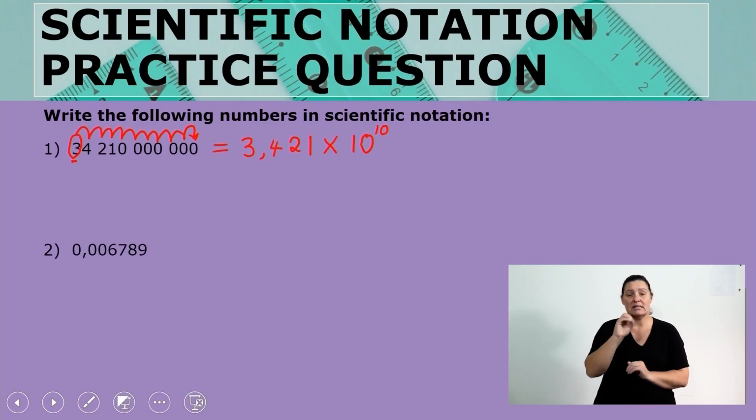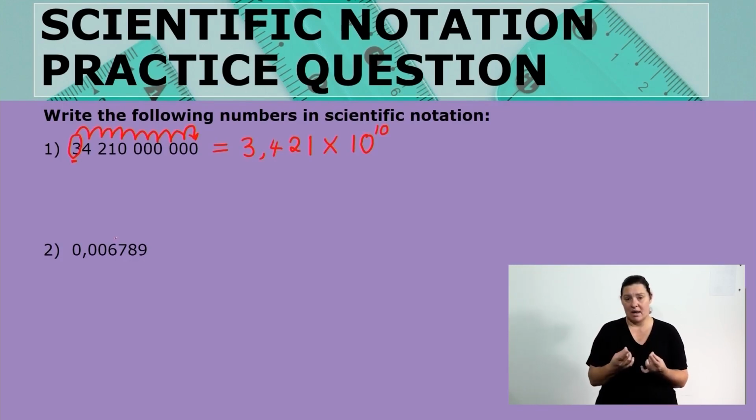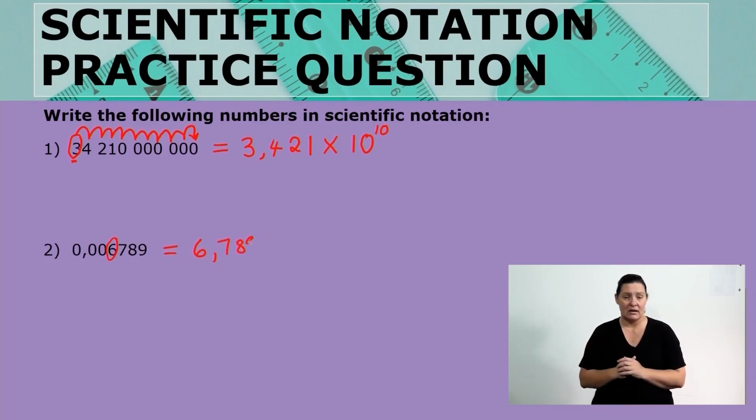So our next example there is 0.006789. We are looking at the first number that is not a 0, and that's the number we are going to shift to the ones position. So we are going to say here that our first factor is going to be 6.789.